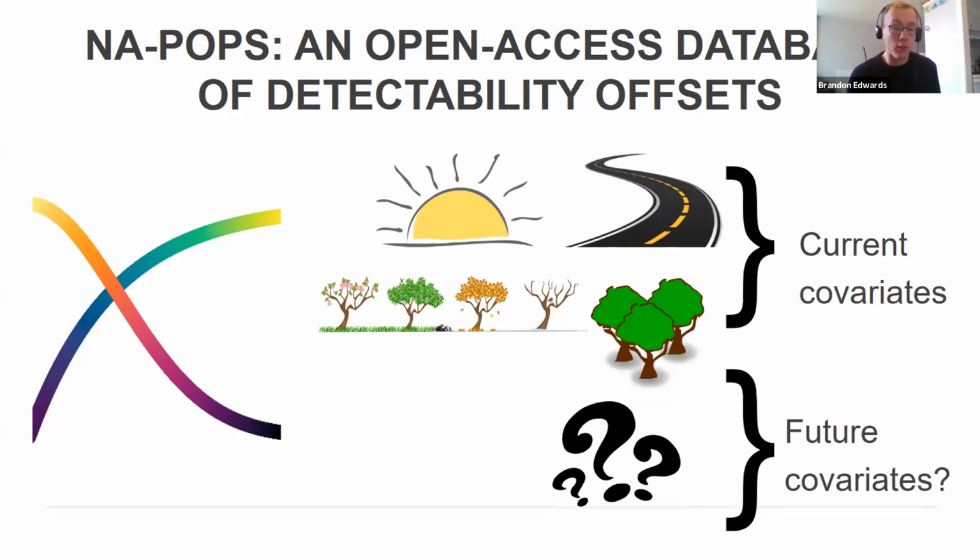I mentioned those covariates earlier in order to calculate values of P and Q. And for now, these are actually the covariates that we are using for NA POPS. So to calculate P, we're going to consider the time of day and time of year. And to calculate the perceptibility, we're very interested in those roadside biases and forest cover biases.